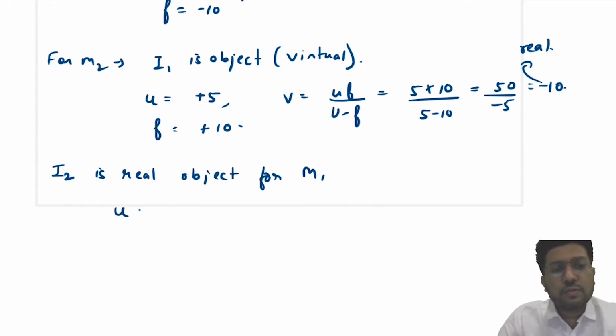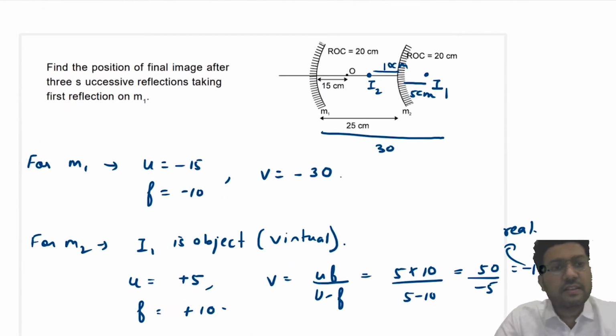So you will say u is equal to, see, if this distance is 10 centimeter, in that case you will say that this is 15 centimeter. That means I2 is in the position of the object only, because the total distance is 25.